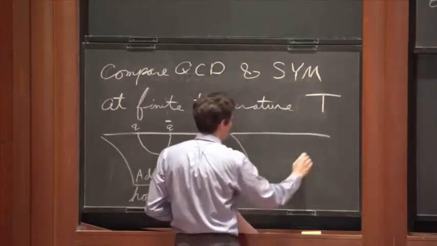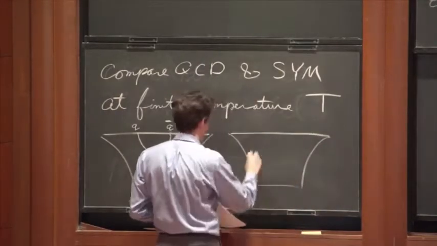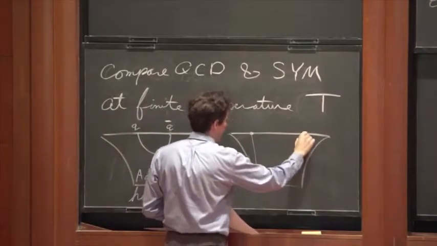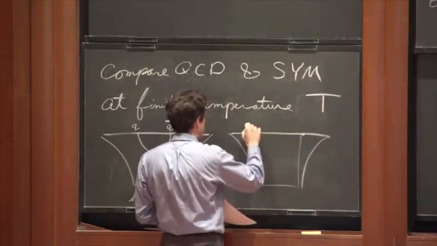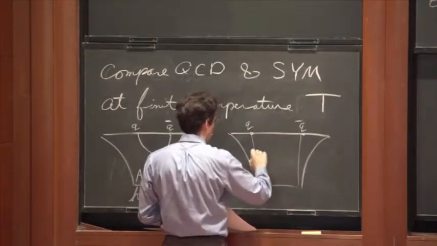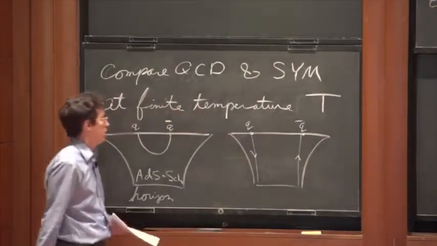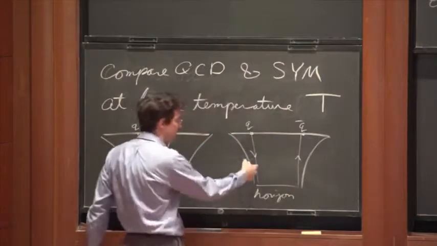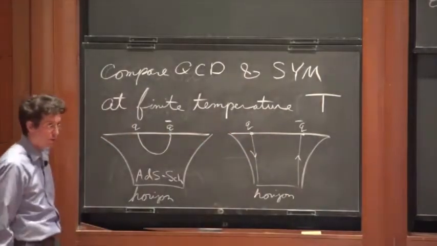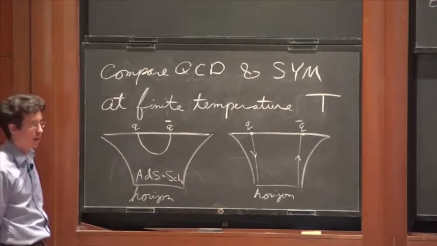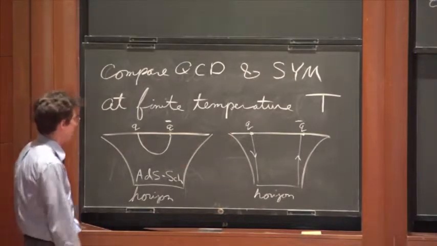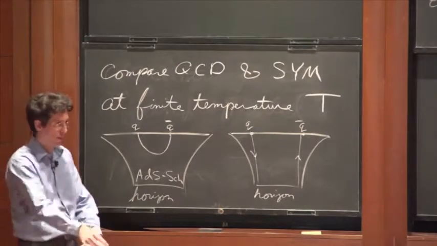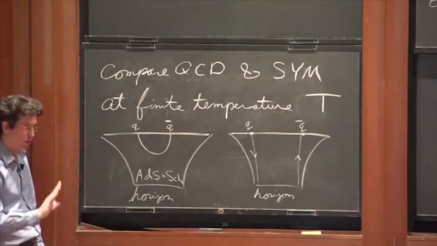There will be multiple candidate extrema. This is one, and this is another, where the strings just hang straight down. And at large separation, this one will win, which basically says that screening has become perfect. But at small separations, this one will win, which means that you're going to recover a 1 over r potential at sufficiently small radii.